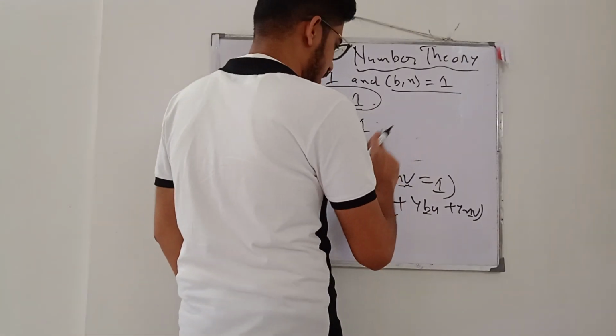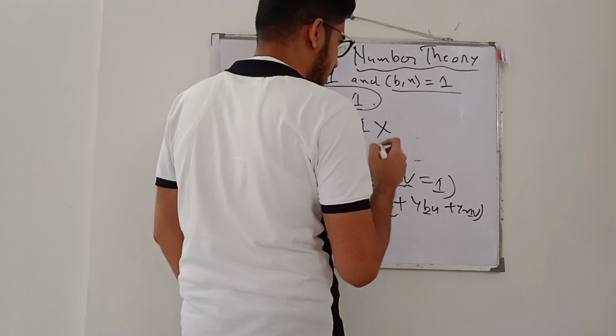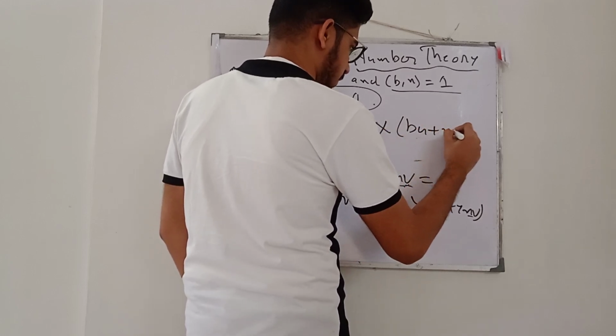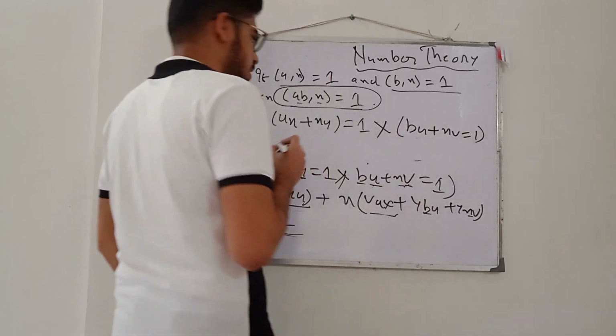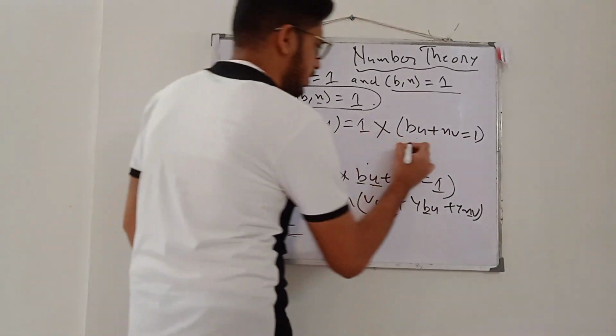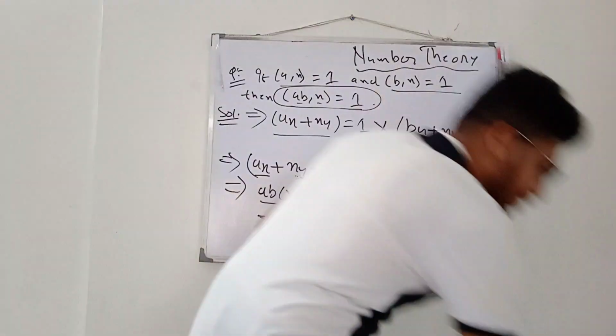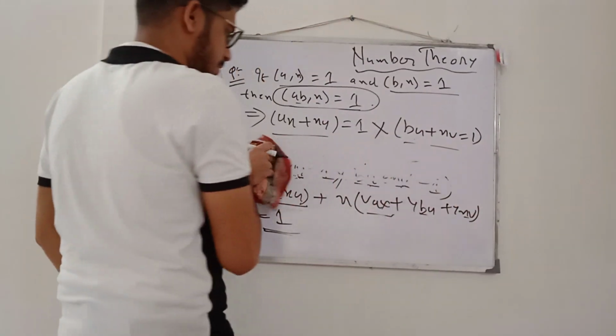Now we have to multiply bu plus nv is equal to 1. We have to multiply this one and this one. After multiplying this will happen. We will do this one also.